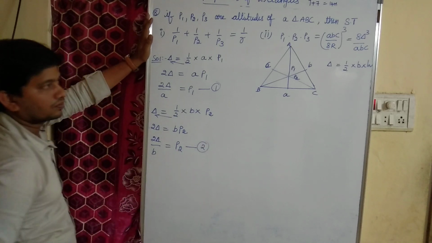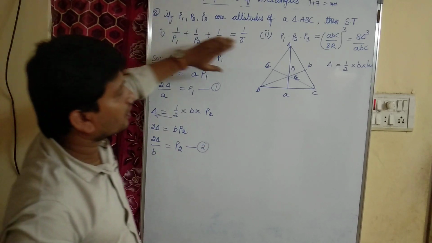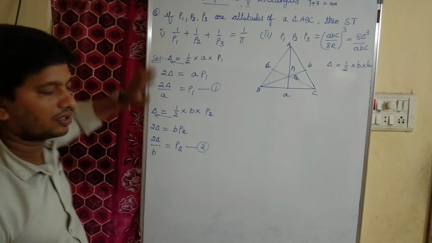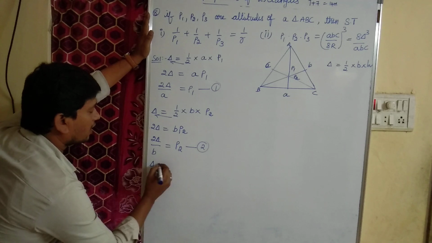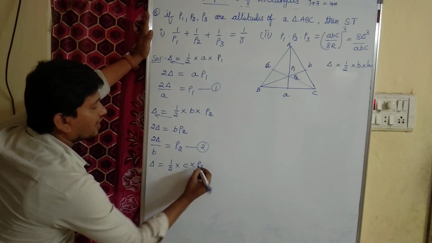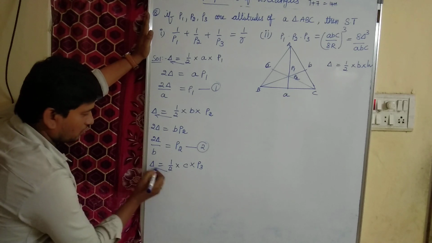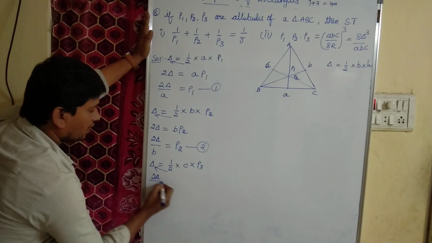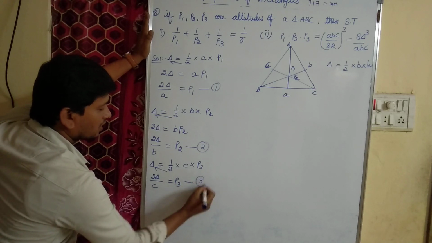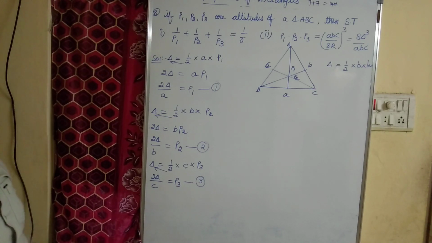This is equation number 2. Now if you consider base as AB, then height will be P3. Again delta equal to 1 by 2 into C into P3. 2 delta by C equal to P3. This is our equation number 3.